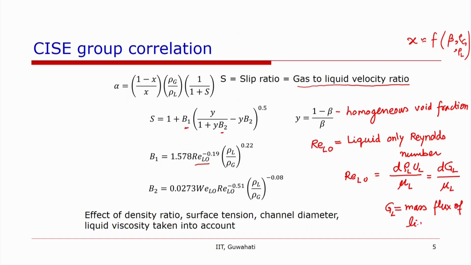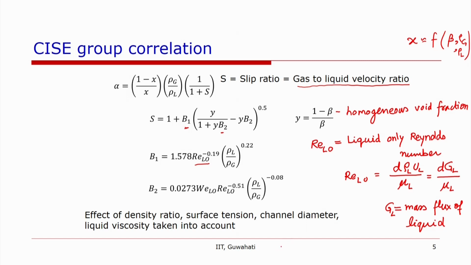So, basically ReLO is the Reynolds number if only liquid phase would have been flowing in the channel, and B2 is equal to 0.0273 Weber number.